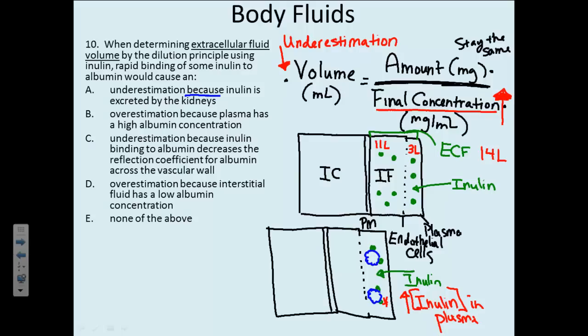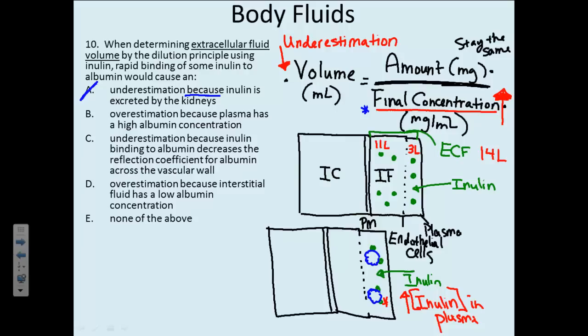Now, if inulin is excreted by the kidneys, what we would see in this case is our final concentration that we would measure in our plasma would actually be lower than normal because that inulin that we would expect to still be in the plasma is actually left, gone out through the kidneys. So in that case, if our final concentration was lower than normal, we'd end up with an overestimation, and that's really not at all what we're seeing in this case. So based on that reasoning, our because statement, we can eliminate response A.